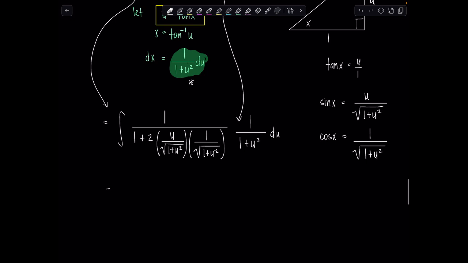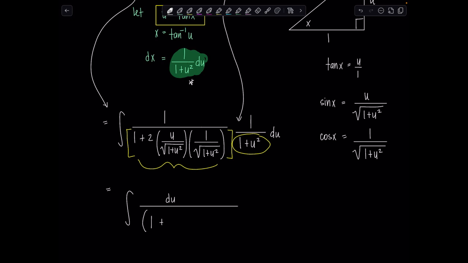Okay, now we just have some cleaning up to do, and then after this step, everything falls into place beautifully. So this is all grouped together here, right? And then this will distribute, but let me clean up what's going on in the denominator first. Let me put du up top here so I don't forget about it. And then this is 1 plus 2u over just 1 plus u squared, right?